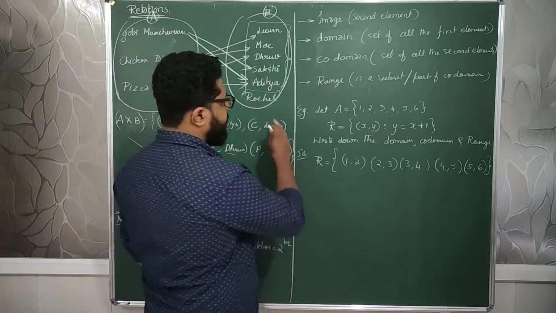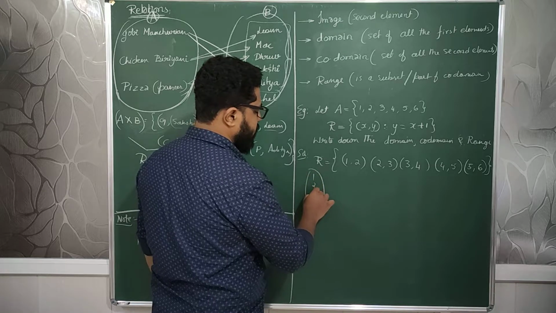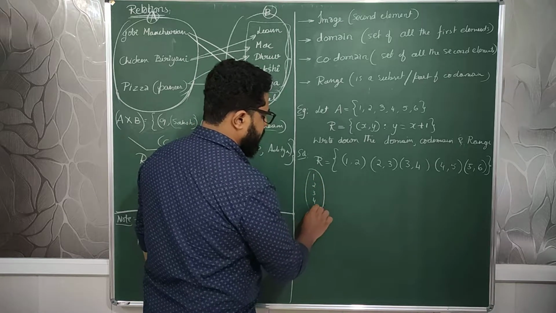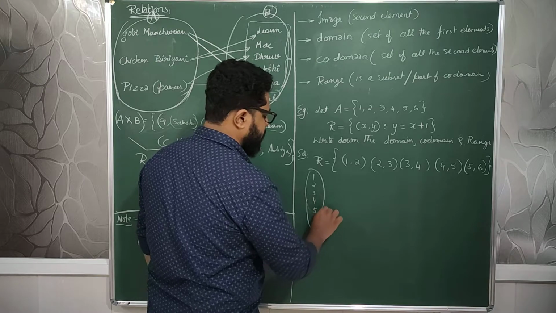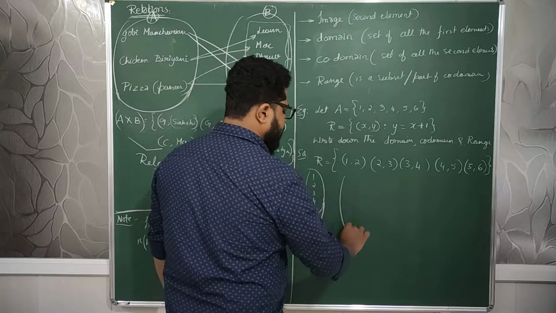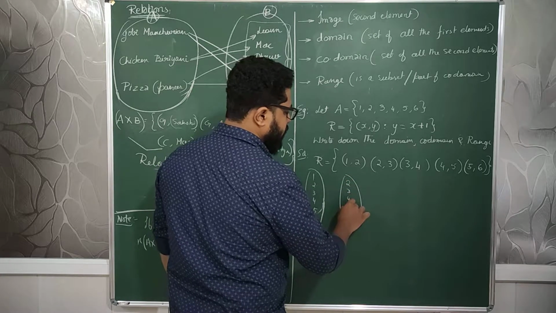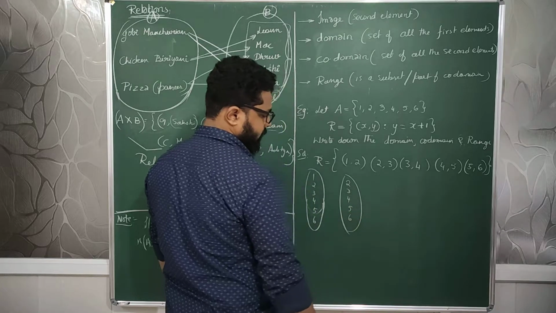Now if I have to draw a diagram like this, I will write it in detail. 1, 2, 3, 4, 5, 6. Then here I will write the numbers 2, 3, 4, 5, 6.